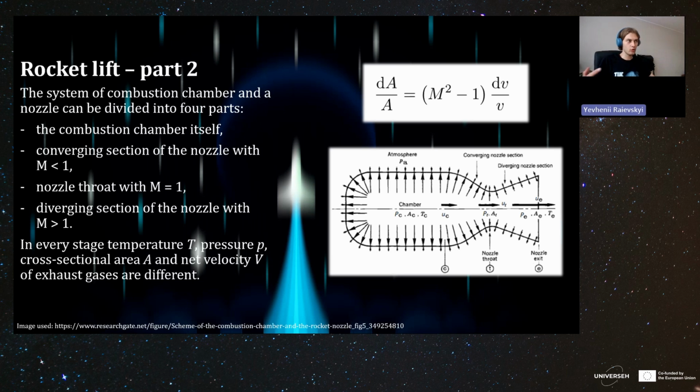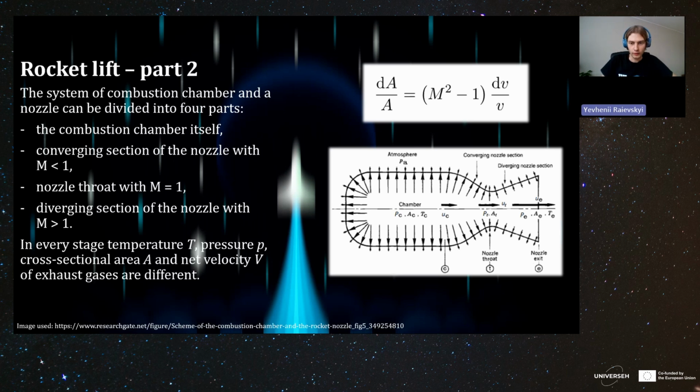So there's no net force at all, and the only region where force is generated is here, because there are no arrows which would cancel those arrows out. So those molecules which push up generate this lift necessary for the rocket to move up.